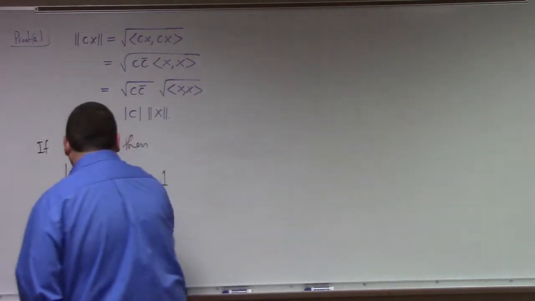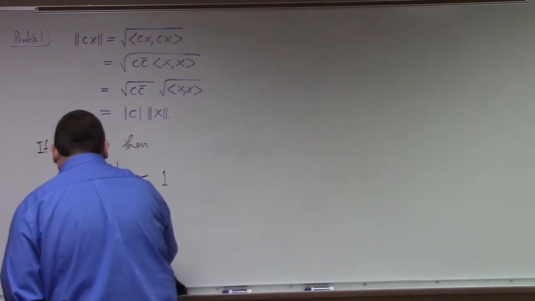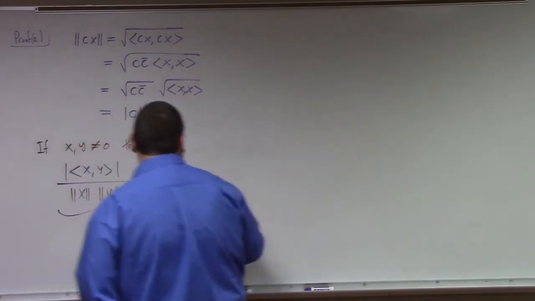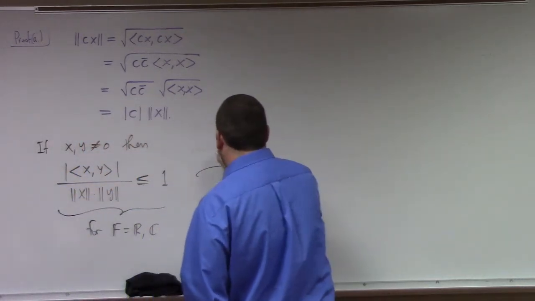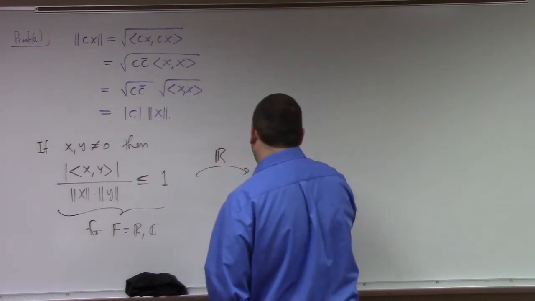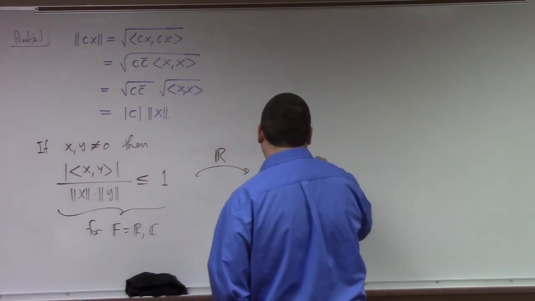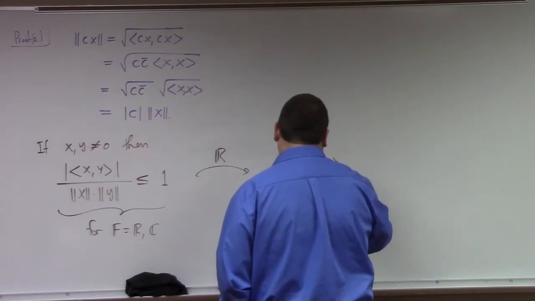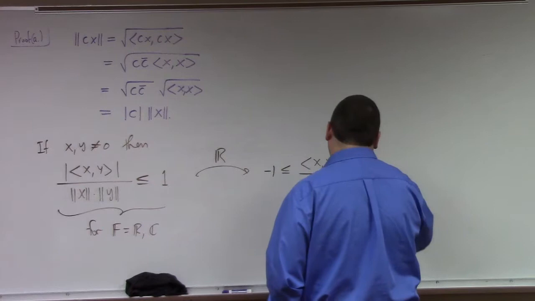So this is true for F equal to the reals or the complexes. If we look at just the real case, then we actually can say more. We can say that minus 1 is less than or equal to the inner product of x and y over the length of x times the length of y, less than or equal to 1.